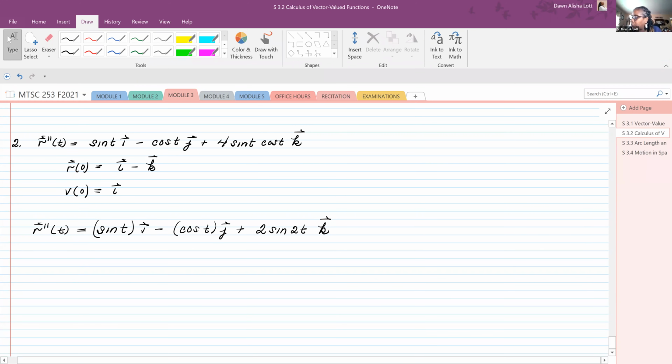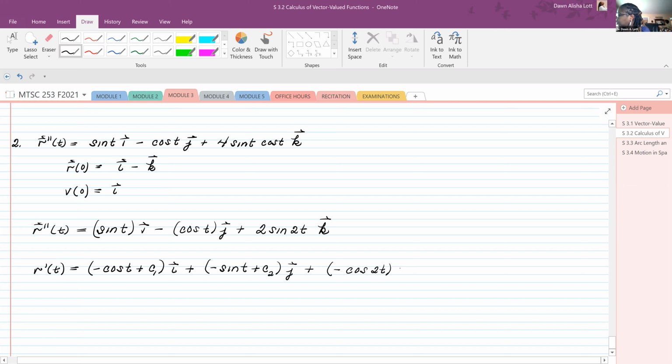So therefore R prime of t is, integrate sine is minus cosine of t plus C1 i, plus a negative sine of t plus C2 j, plus a negative cosine of 2t.